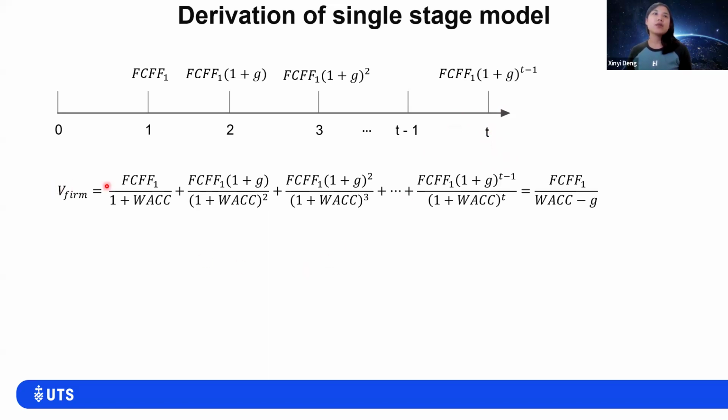With those discounted values, each term of this equation here is a discounted value of those cash flows.